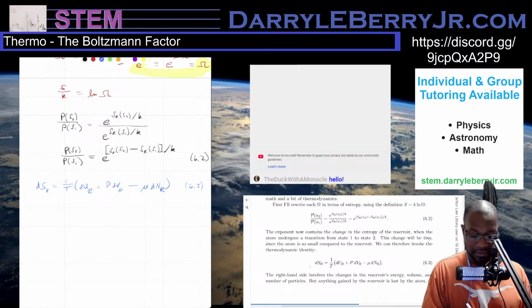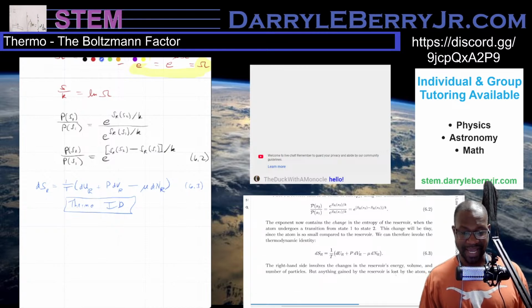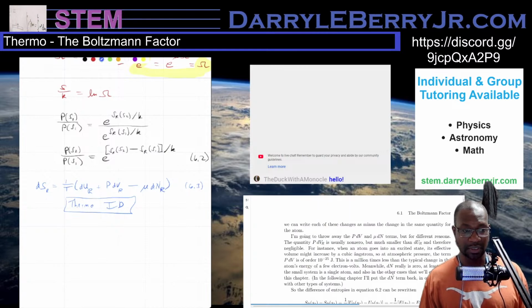And this is the thermodynamic identity. The right-hand side involves the changes in the reservoir's energy, volume, and number of particles, where anything gained by the reservoir is lost by the atom. So we can write each of these changes as minus the change in the same quantity for the atom. Okay, that makes sense.